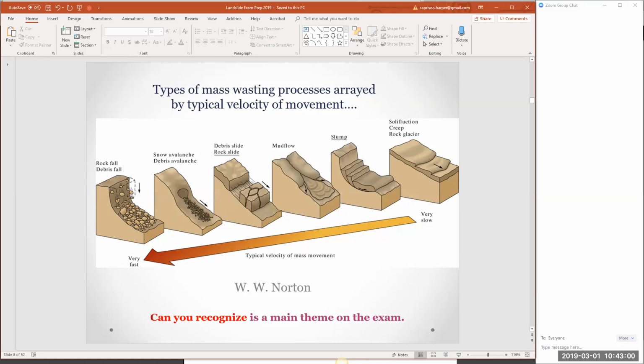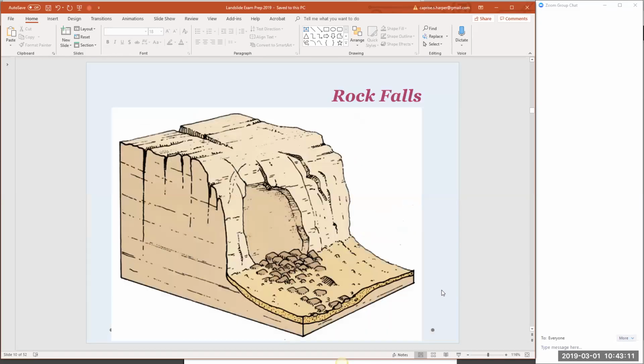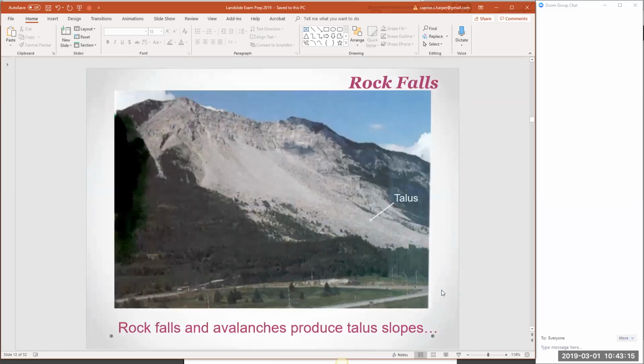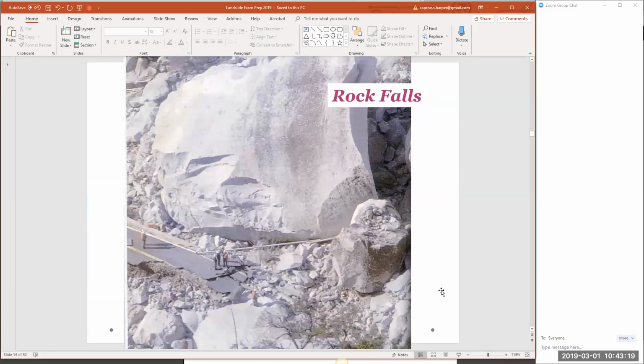So that's kind of how a lot of these questions are worded. Rockfall, there's no questions about rockfall on the exam. I just like to start with them because they're the quickest kind and pretty easy to see visually. They just come on down. I like this one a lot.